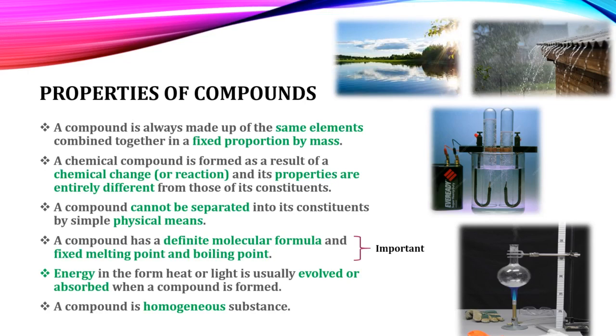What I mean by that is, if I take a compound from any source, say water, a water sample from this lake or a water sample collected from rain, then both samples will have water composed of hydrogen and oxygen irrespective of the source, and those two elements will be combined in a 1 is to 8 mass ratio.